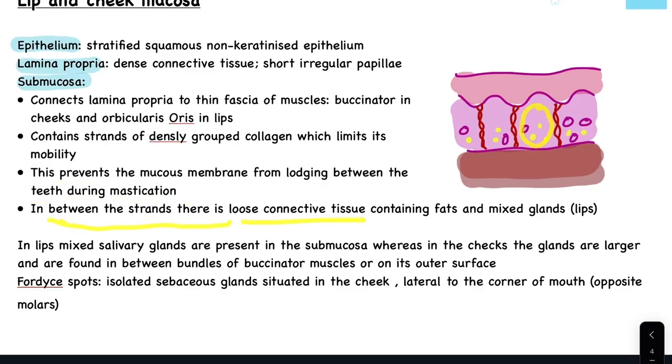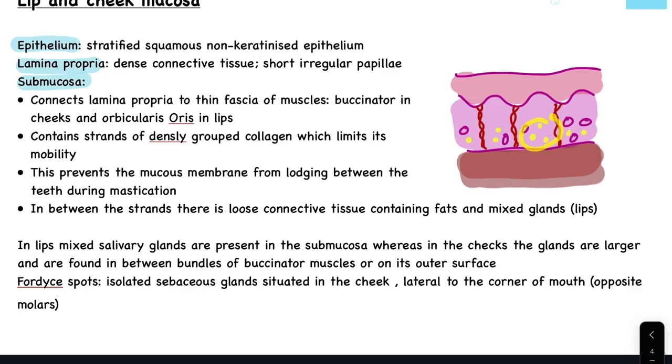In between the strands, there is loose connective tissue containing fats and mixed glands. Okay. So there is some fat and mixed glands present. Mixed glands are present in the lips only. Okay. So this is the structure of the submucosa, right? In lips, mixed salivary glands are present in the submucosa, whereas in the cheeks, the glands are larger and are found in between bundles of buccinator muscle or on its outer surface.